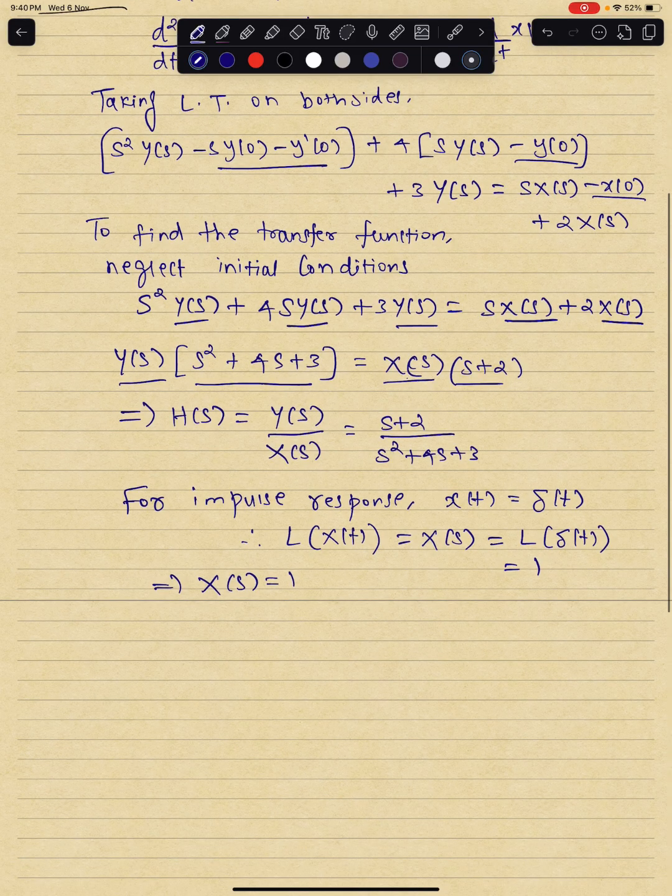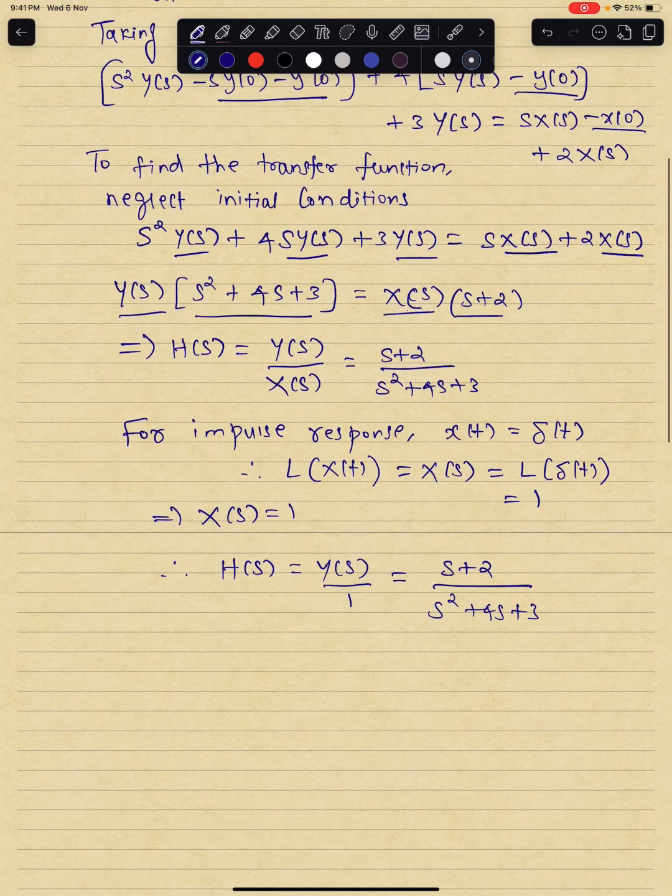This is the impulse response. Therefore what we actually need is H of s, which now is nothing but Y of s by 1, which is Y of s. So that is nothing but s plus 2 by s square plus 4s plus 3. So we get H of s like this, s plus 2 by s square plus 4s plus 3.